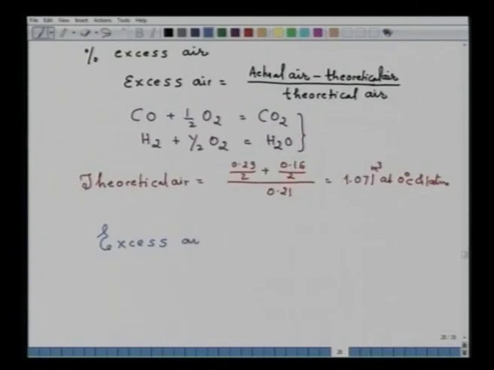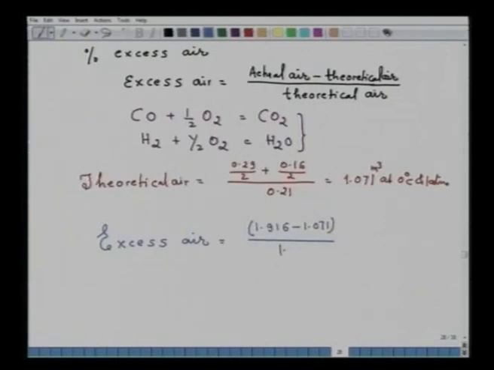Now we can calculate excess air. We know 1.916 is the actual amount of air, minus 1.071, the theoretical amount of air.